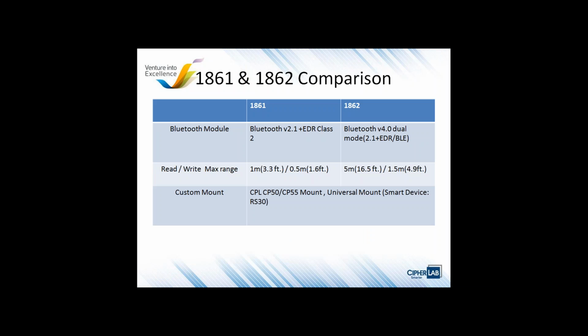And the last, I would like to show you the comparison table on 1861 and 1862. For the 1862, we changed to another Bluetooth module, and the Bluetooth will increase to 4.0 mode, and it's also for BLE.